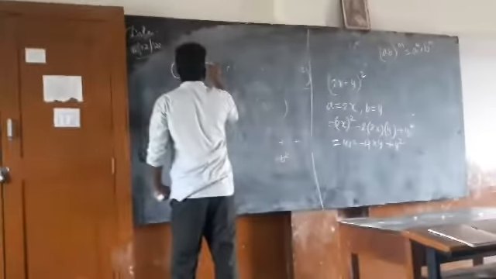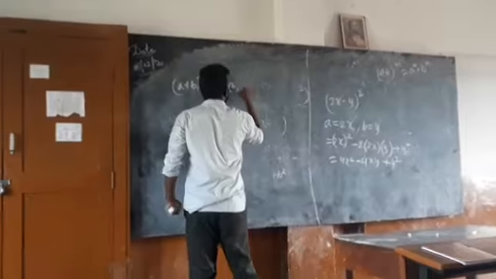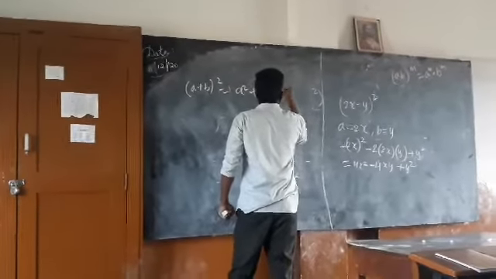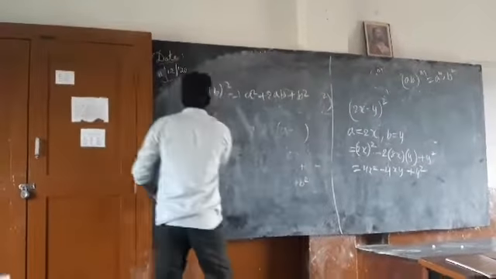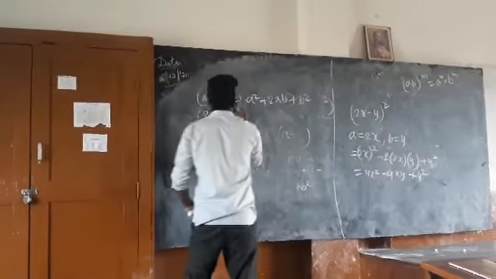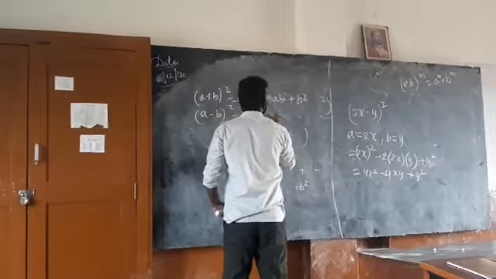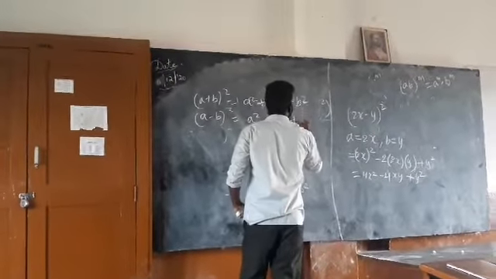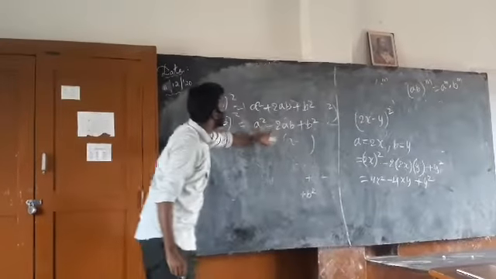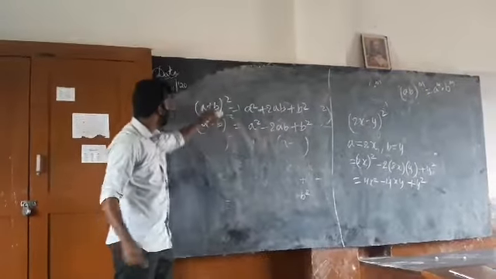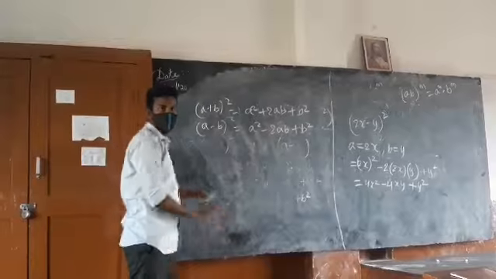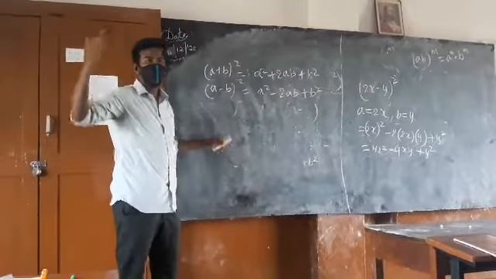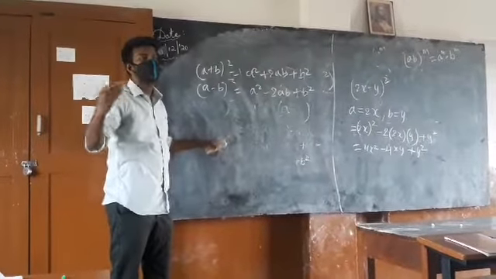A plus b whole square means a square plus 2ab plus b square. Whereas a minus b whole square is a square minus 2ab plus b square. Only this negative sign is different. Keep that in mind. Remembering in that way will be easier.